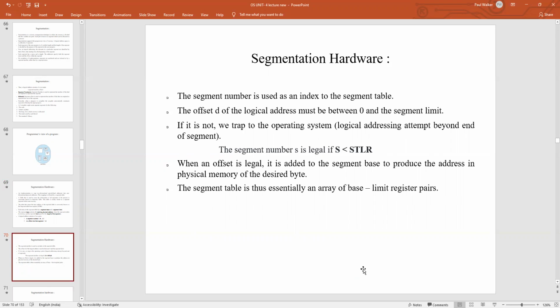Illegal means the address is not produced in the physical memory, and the offset is not within the limit. So that is called an illegal offset. The segment number should be lesser than the segment table length register.